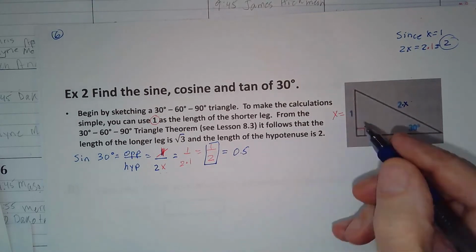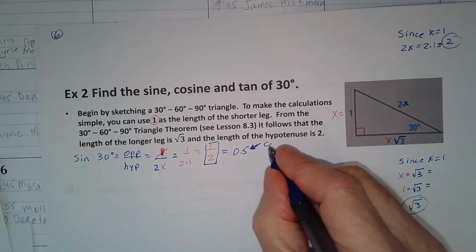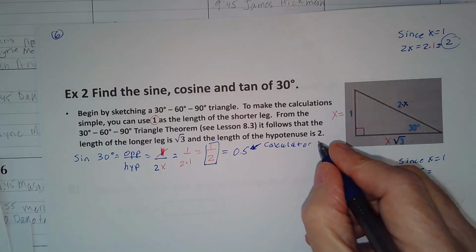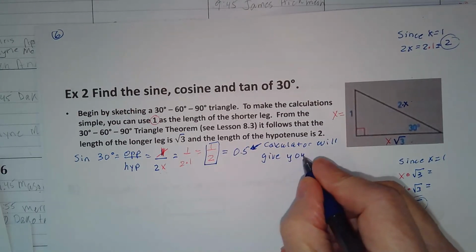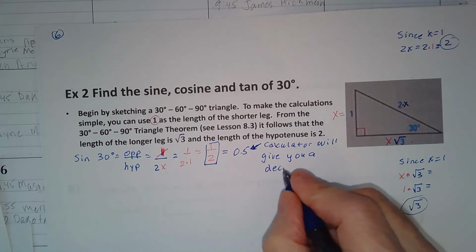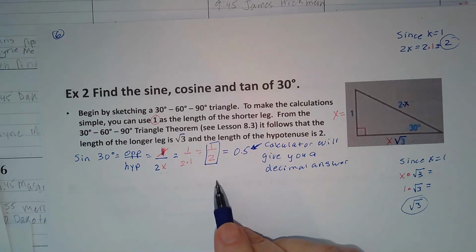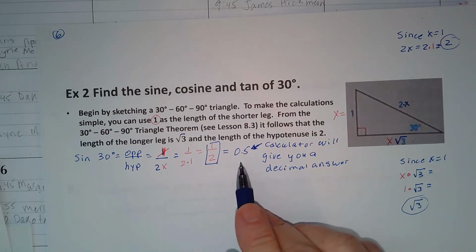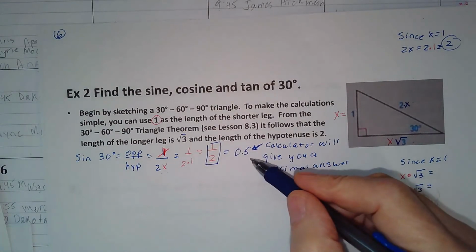That's the decimal, and just a note here: the calculator will give you a decimal answer. It's easy when you get a decimal answer to go back in and click frac and come back with a fraction if the decimal is something like 0.5. 0.5 is a rational number.